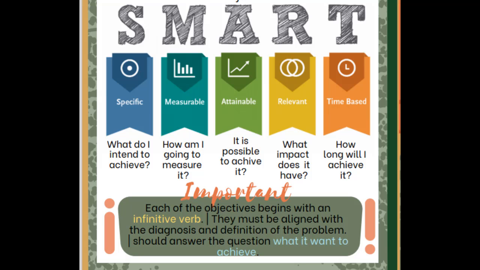The M is measurable: that I can know the scope or achievement of the objective. The A is achievable: that you can do it in the time you have to do it. The R is relevant: that it matters in the project and thus meets the objective. The T is time: how long the objective will take to be achieved.